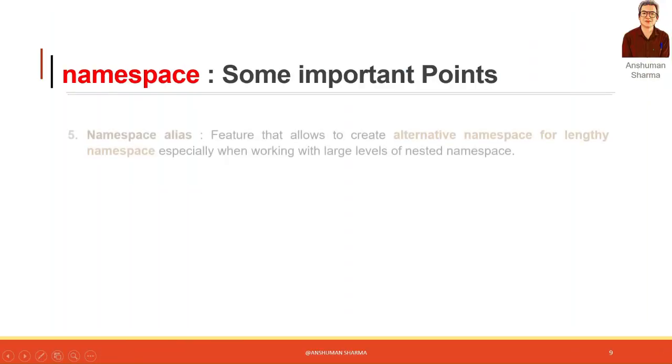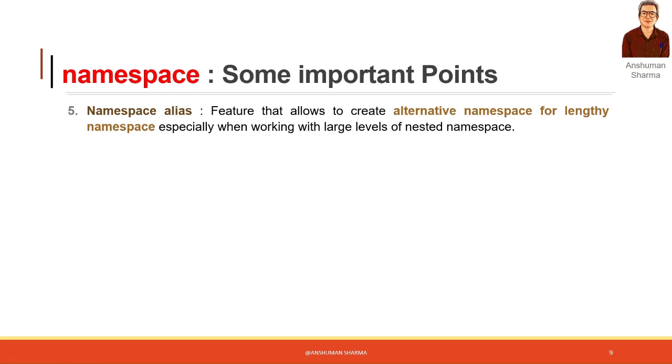So we are now discussing another important feature that is available to us while working with namespaces, specifically nested namespaces, which is the namespace alias. A namespace alias, as the name suggests, is an alternative name or a synonym for a namespace. So alternative names can be provided for lengthy namespaces.